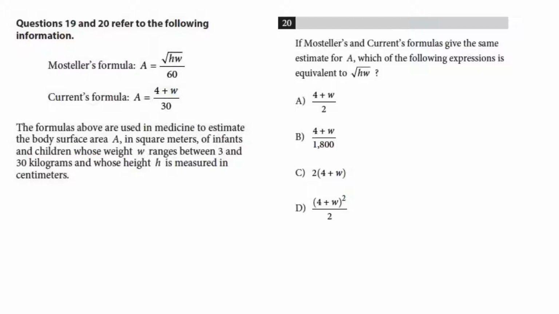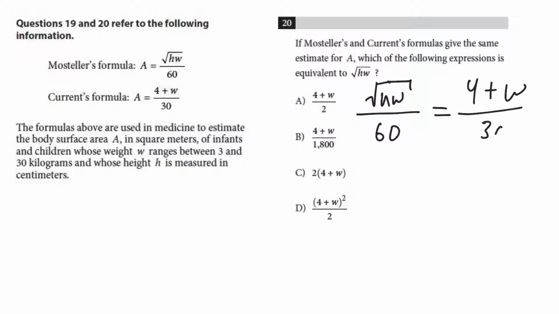If they give the same estimate for A, then we know that we can set them as equal. Then we know that the square root of HW over 60 must equal 4 plus W over 30.